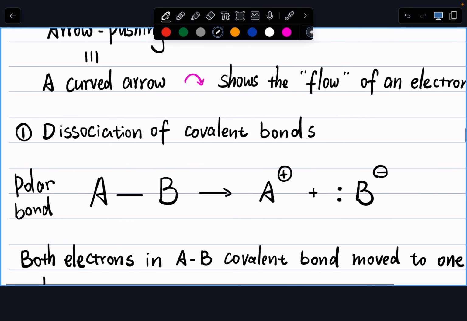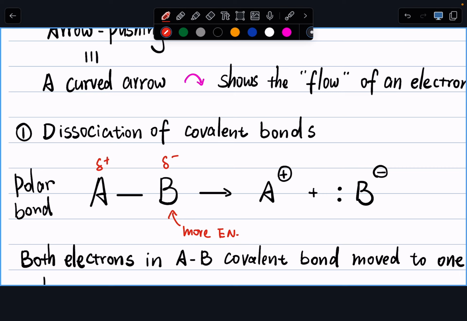Let's say we can have dissociation of a polar covalent bond. In this case, let me just say I know that my B is more electronegative.